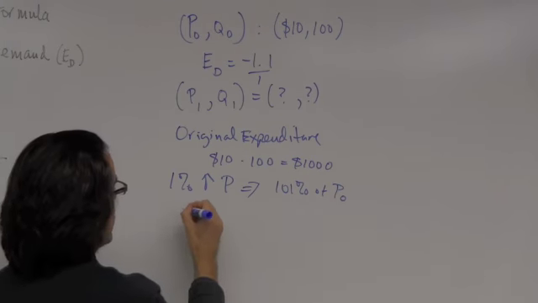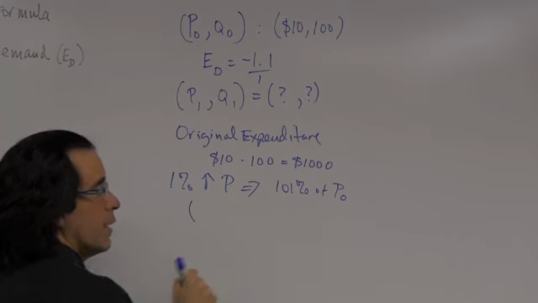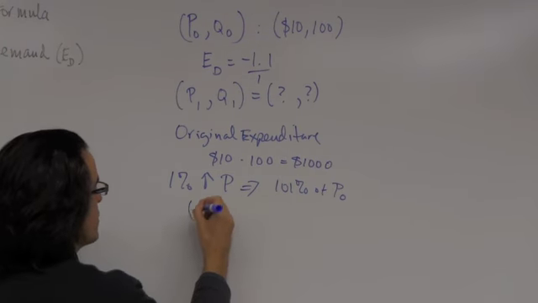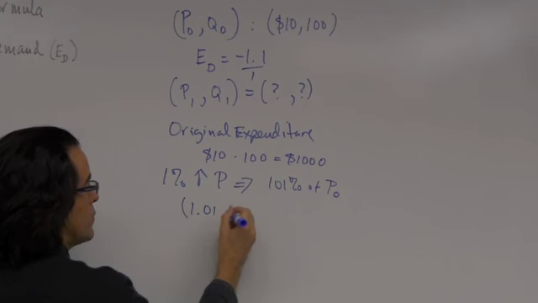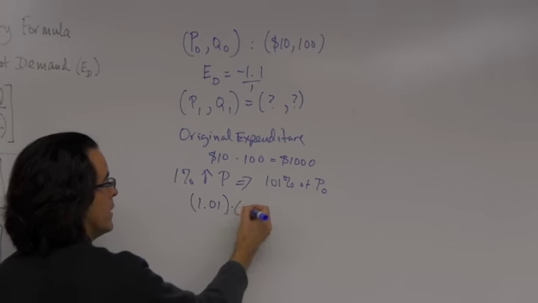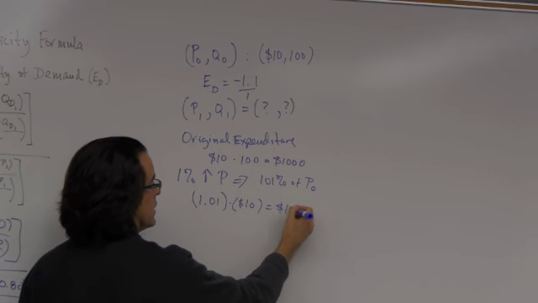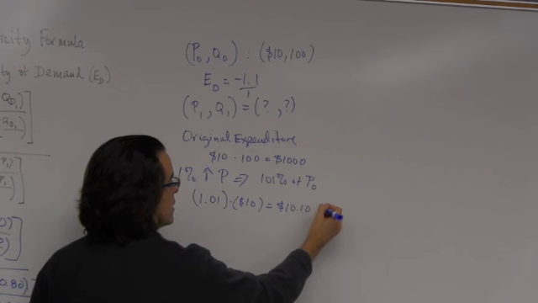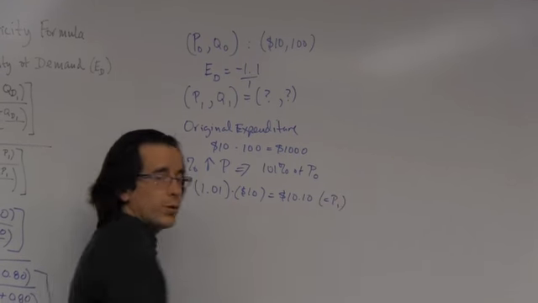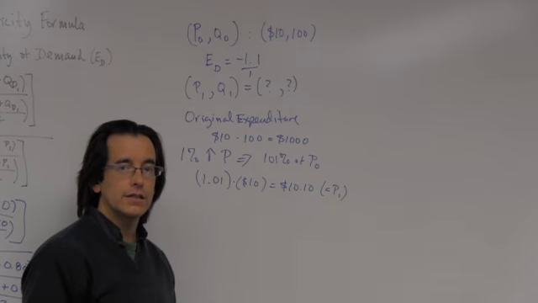So if we translate a percentage into a numerical term, 101% is just 1.01 times the original price. And so that gives us a new price of $10.10.